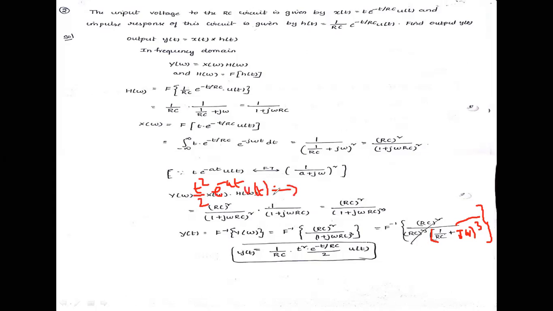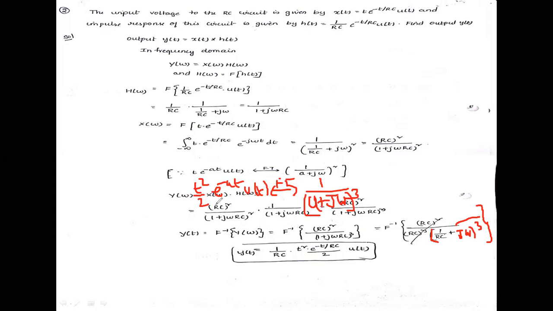The Fourier transformation is 1 by (a plus j omega) whole cube, because it's 2 factorial. Then if it is power 4, that means t cube by 6, nothing but 3 factorial.